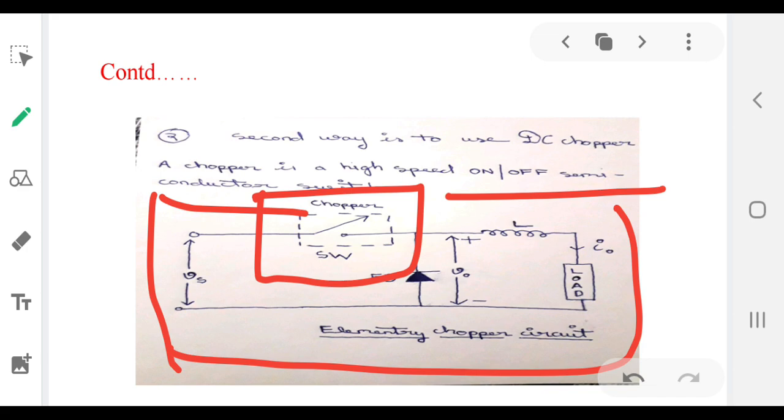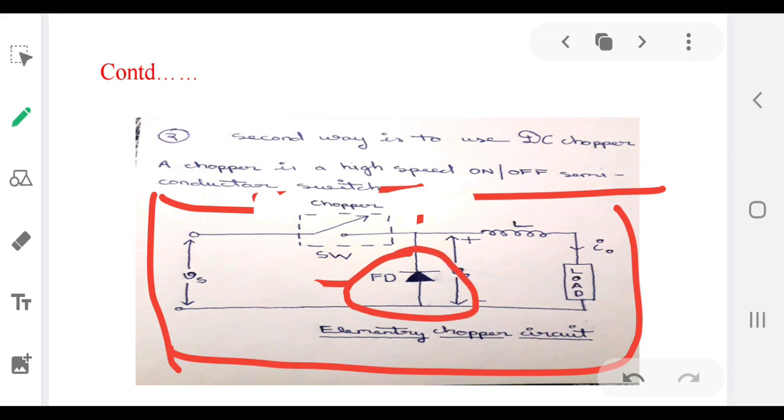We can choose it as a MOSFET or IGBT, anything as per our requirement. Now here we can see there is FD also. This FD is the freewheeling diode. In earlier classes also we know what is the role of the freewheeling diode. Let's start analysis of this circuit.